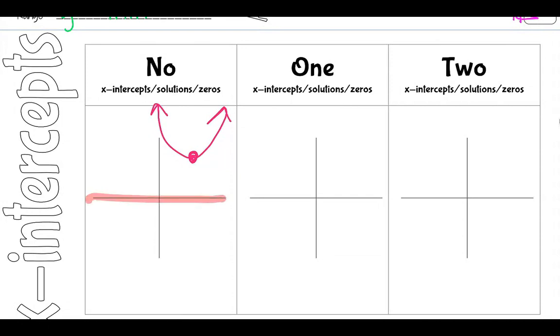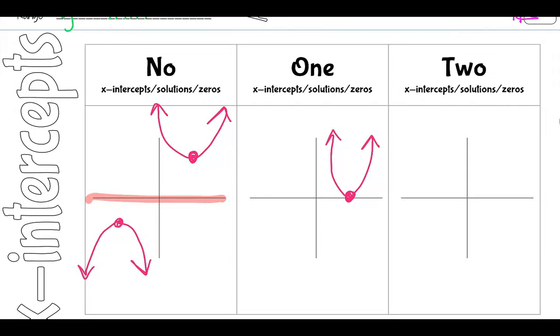Never. Same thing, it could also be facing this way and going downward. Again, it's never going to cross the x-axis. Not going to happen. Okay, one solution is going to be, it's sitting directly on that line. It could be open this way, it could be open facing down.